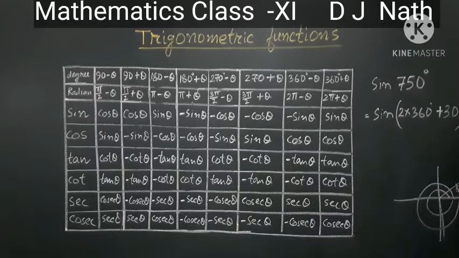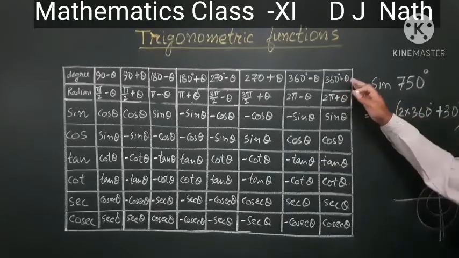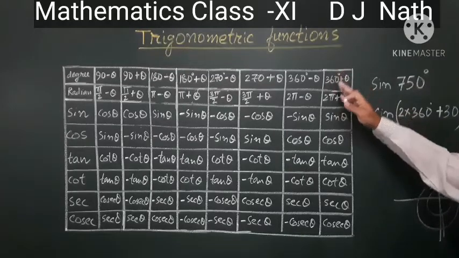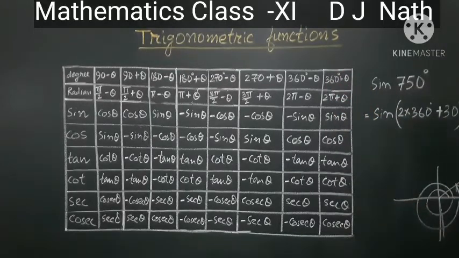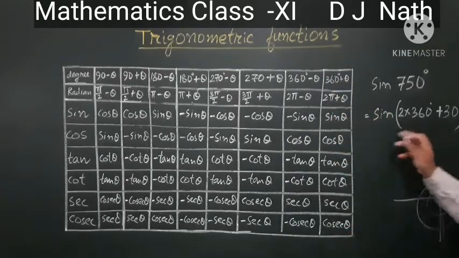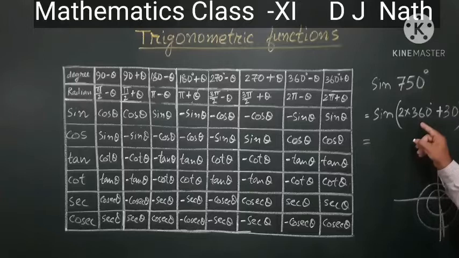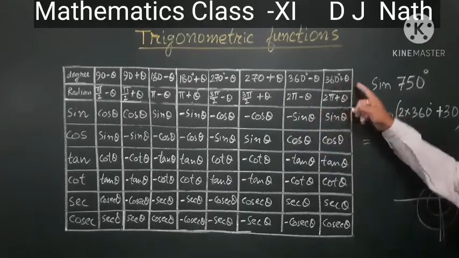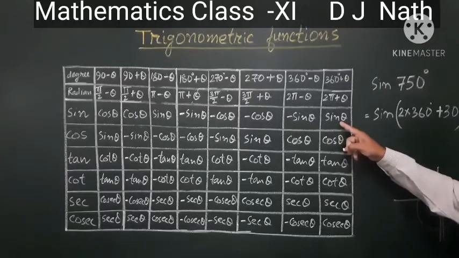Now how can we find the value of this? Here 2 into 360 plus theta. If it is a multiple of 360, it becomes the same. Sine 360 plus theta is only sine theta.